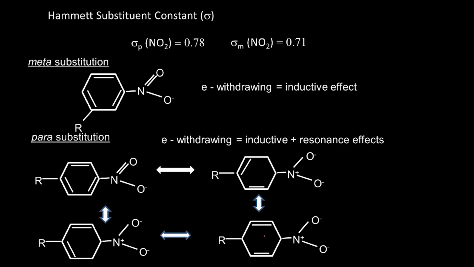This is called the resonance effect. So when the group is electron withdrawing, we can have both the inductive and resonance effect in para substitution, whereas in meta substitution we will not have the resonance effect, only the inductive effect, as you can see here.